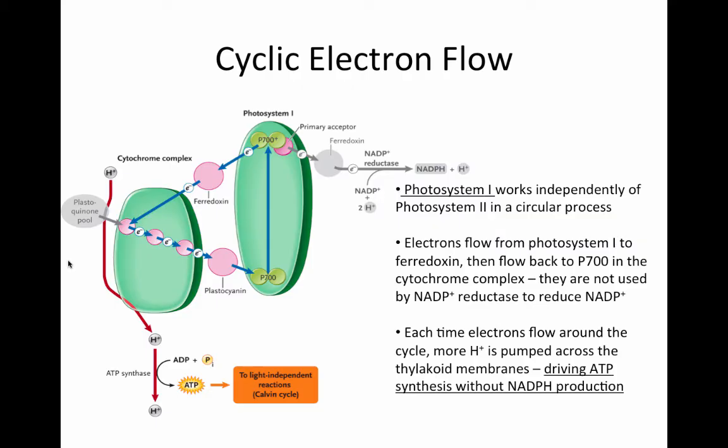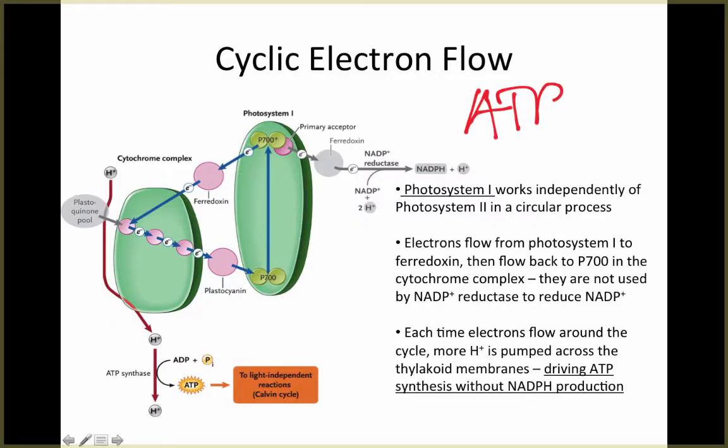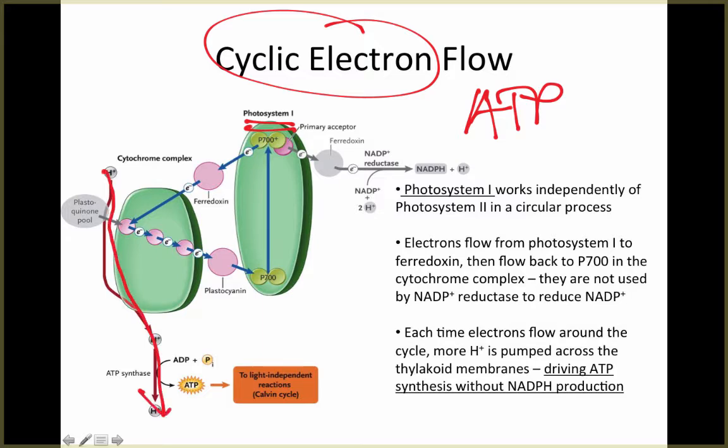Now, if you just need ATP, then you do cyclic. And essentially, this is just with photosystem 1. And so you get it coming through here. This is where that hydrogen went through. And the electrons come here. But instead of moving on and continuing to NADP plus to make NADPH, there's not enough energy, so it goes back.